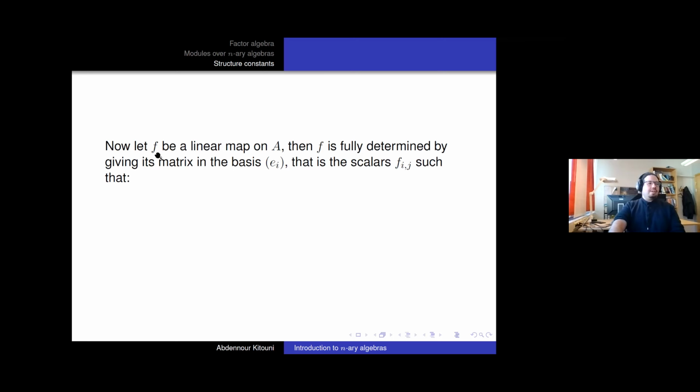I will take here for simplification only a linear map on one algebra, an endomorphism, and then F is given by its matrix, which is the family of scalars f_ij, such that F of e_j is the sum of f_ij e_i. So these are exactly the columns of the matrix.